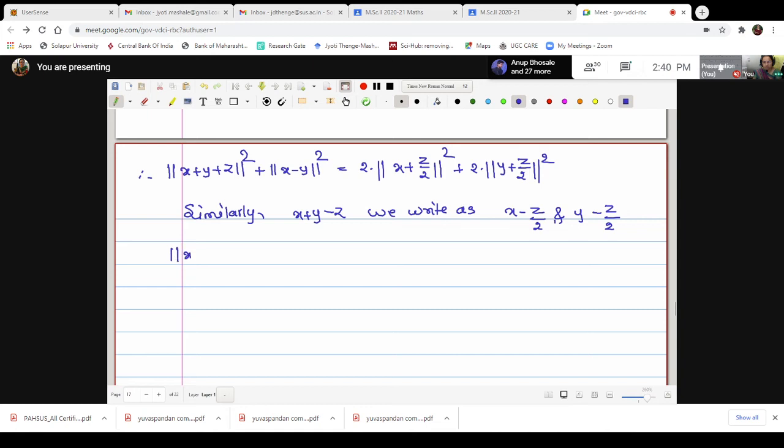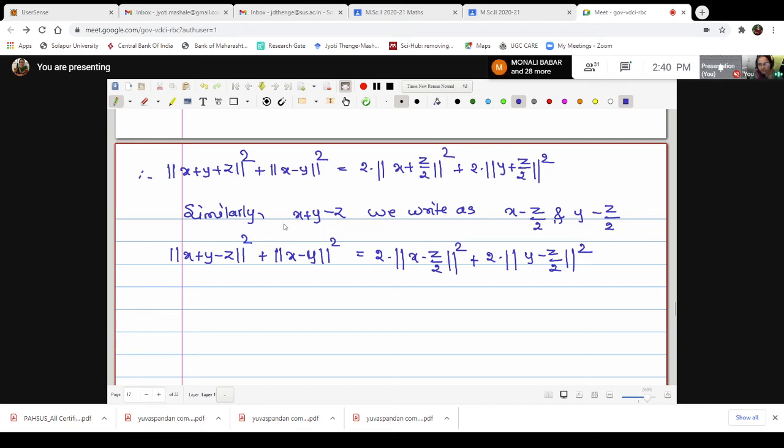This is norm square of x plus y minus z plus norm square of x minus y is equal to 2 times norm square of x minus z by 2 plus 2 times norm square of y minus z by 2. Okay, therefore here we got the 2 values.